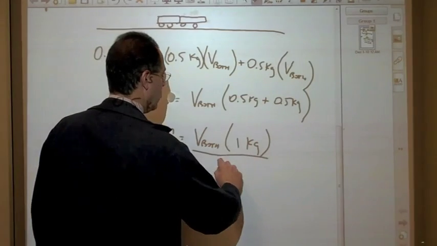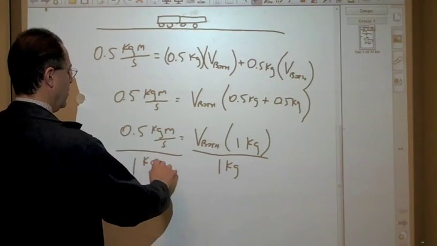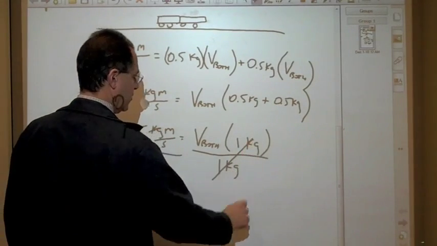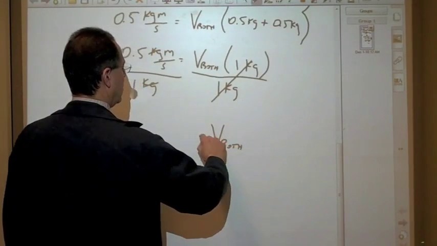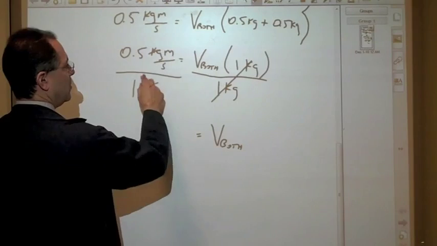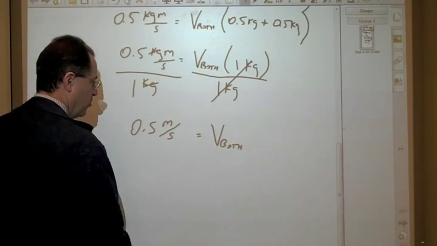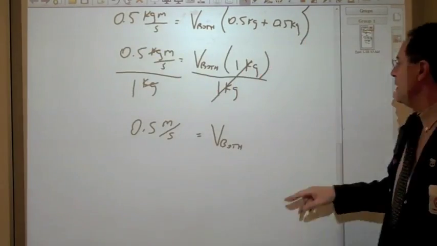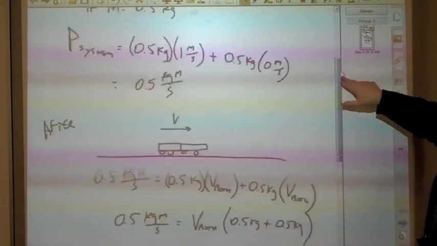Divide both sides by 1 kilogram. This cancels out, and I get v both is equal to 0.5 meters per second.